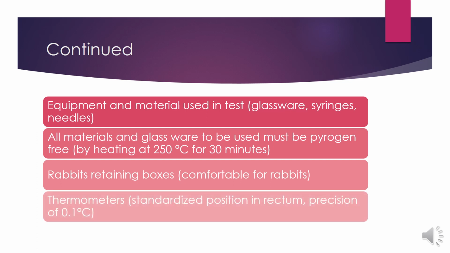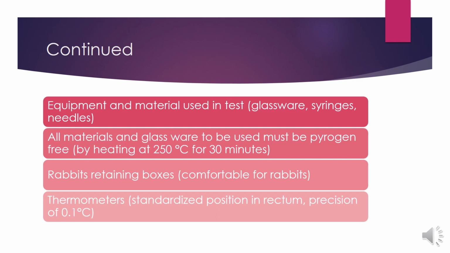So the thermometers that are applied are standardized, positioned in the rectum with a precision of 0.1 degree centigrade. So basically, in the animals we are going to check the temperature through the rectum.